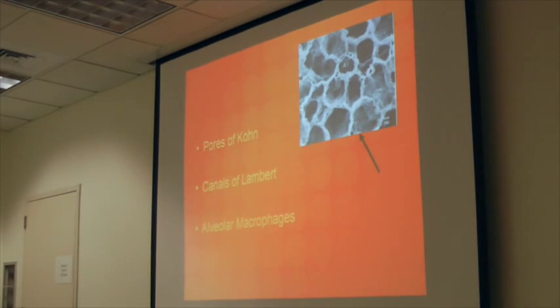Canals of Lambert are between the terminal bronchioles. It's a connection between terminal bronchioles, and it's to improve ventilation.